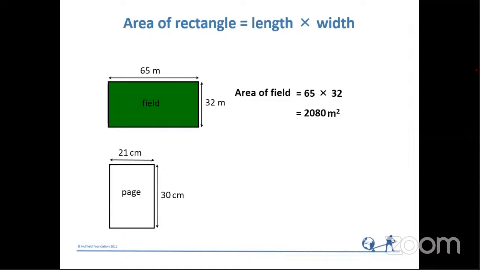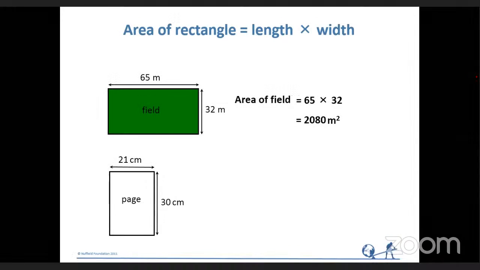Yes. What is it? 630 centimeters squared. Okay, thank you. Michael, is it the same? Yes. Arnold, is it the same? Okay.